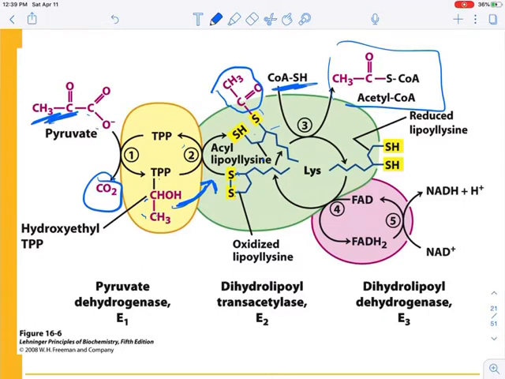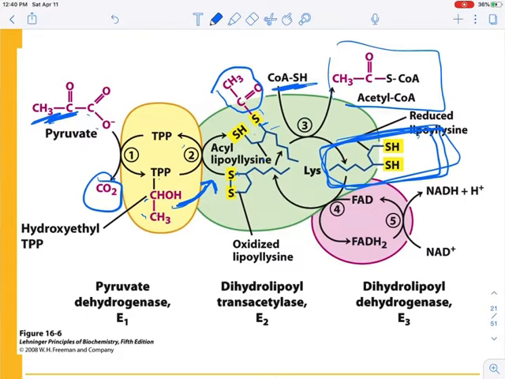When the coenzyme A picks up the acetyl group, it actually reduces the sulfhydryl group. So we have this reduced lipoyllysine. Right? Remember, there's a lot of energy there. So we need to pull out those electrons in that lipoyllysine.